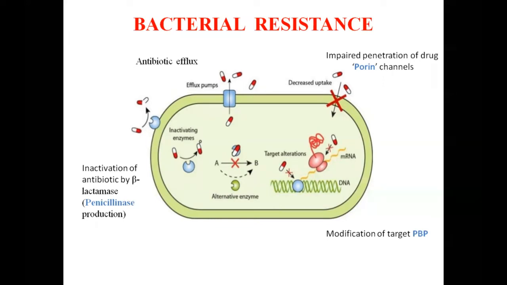Now, you know very well about the penicillin binding proteins, these transpeptidases, and how they are very much involved in bacterial cell wall synthesis. If there is alteration or loss of the penicillin binding proteins, or some alteration in the affinity, what will happen? The beta-lactam antibiotics will reach the target, but they will not be able to act because of the low affinity of the beta-lactam antibiotic towards the penicillin binding protein.